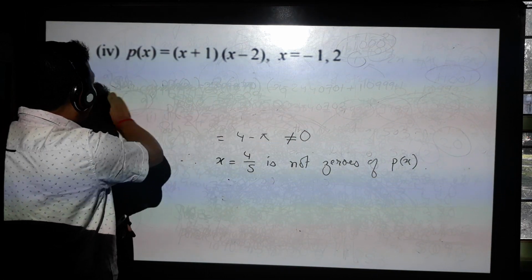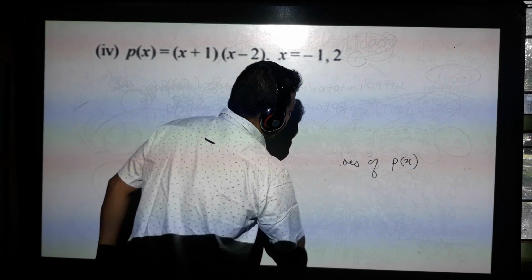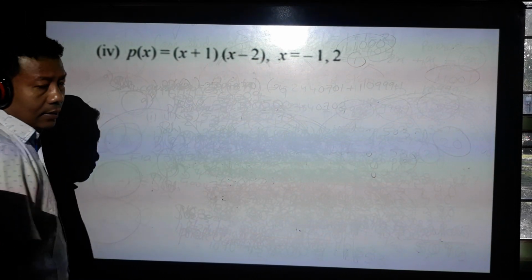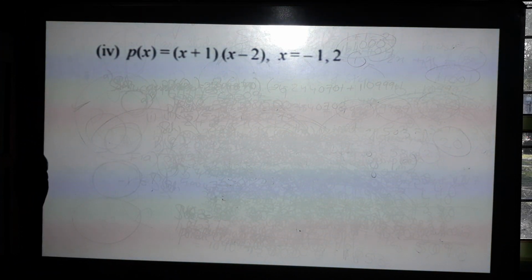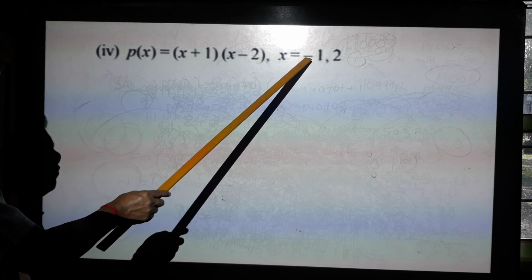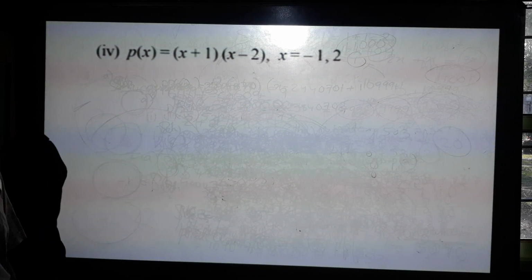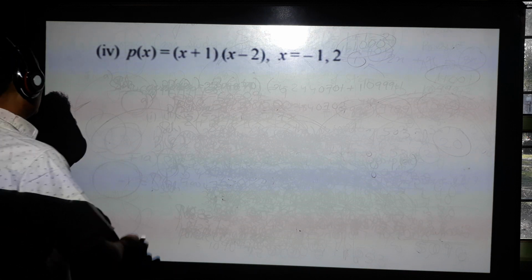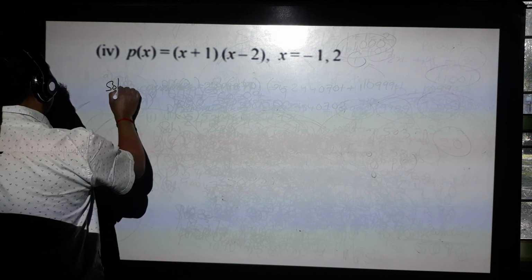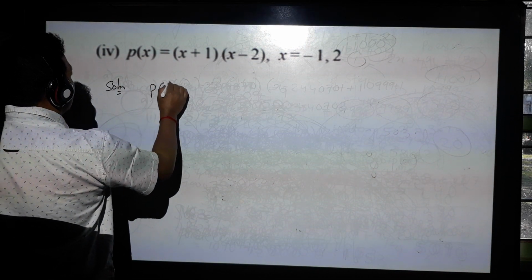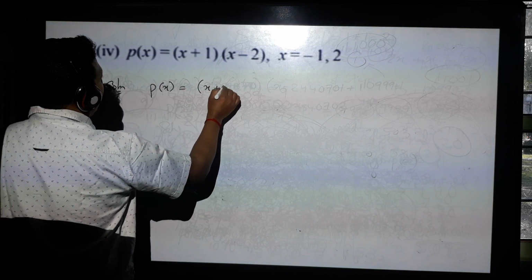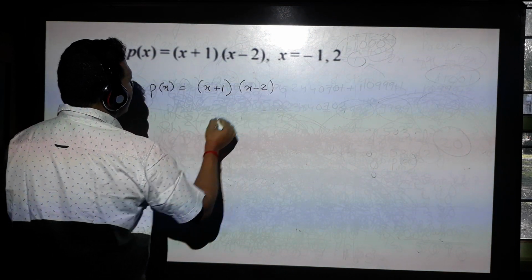Now let's do Roman number 4. I have taken this question because there are two values of x, minus 1 and 2. You have to do them separately. So solution. P of x is equal to x plus 1 times x minus 2.